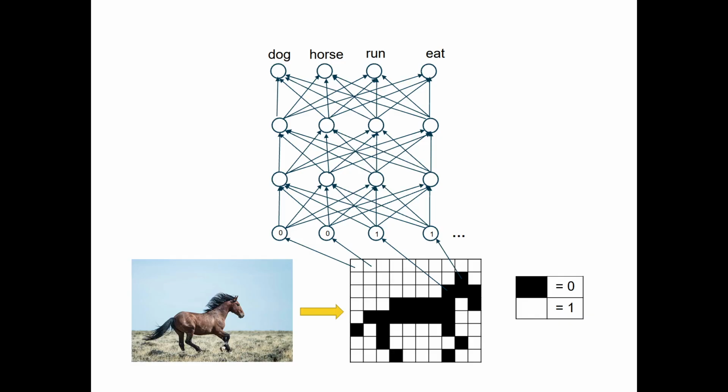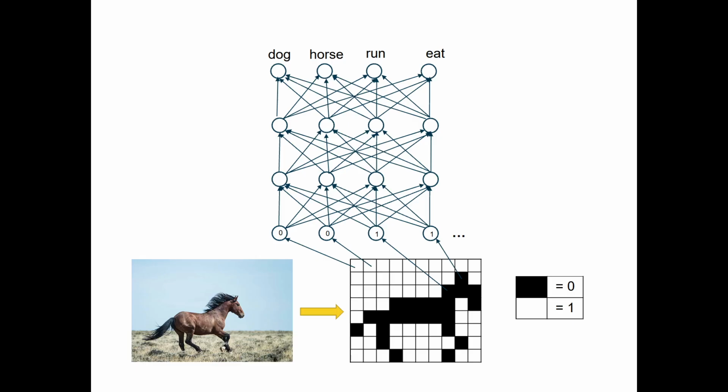So I'm going to give you a very simplified explanation of how it works. For that we need to train our neural network, and we need a very large number, several hundreds of thousands of images, for which we know whether it's a horse, a dog, whether it's running, whether it's eating, and so on. We need to have this information already, and we are going to use it to train our neural network.